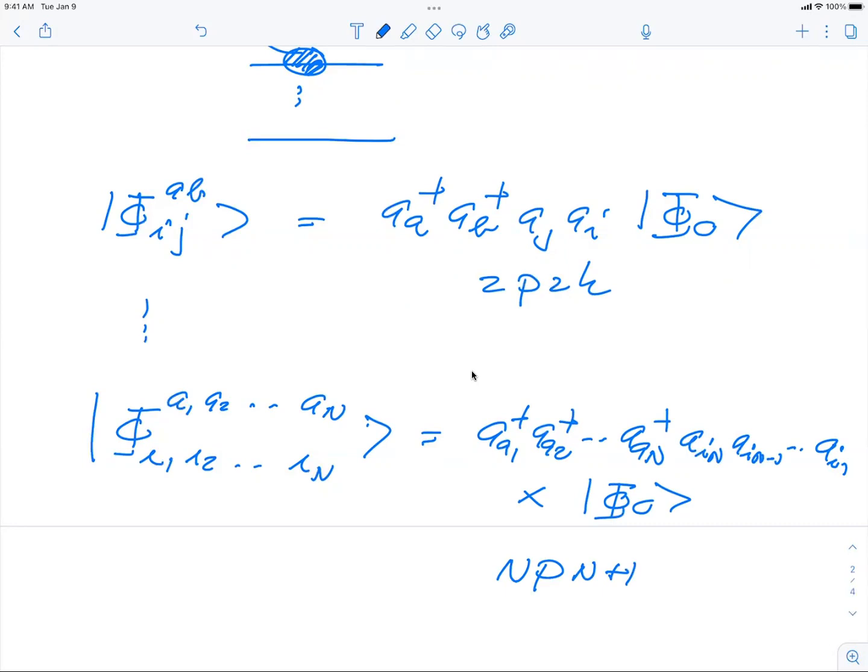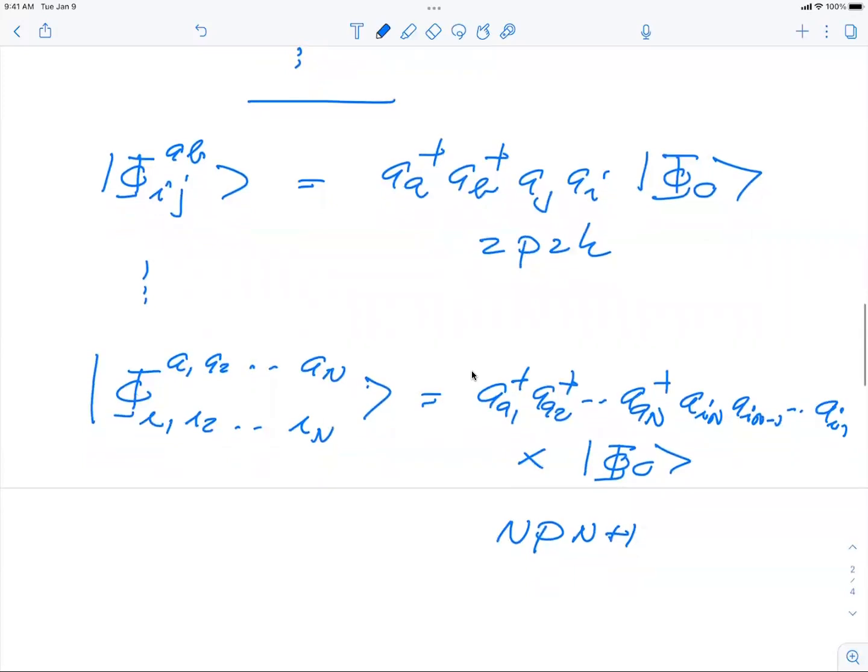So when you're now redistributing your particles in these single particle levels with the replacement, because this is what follows from the Pauli principle, then you can rewrite your basis of Slater determinants in terms of these particle hole excitations.